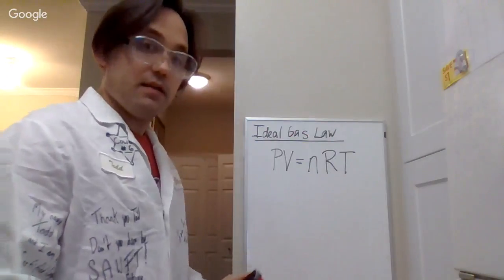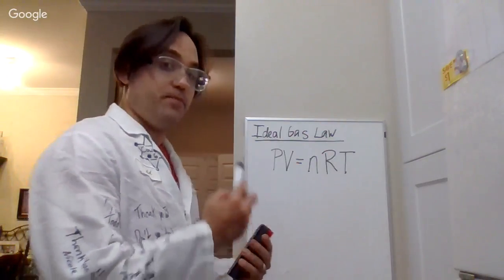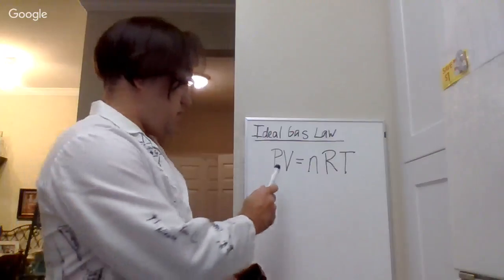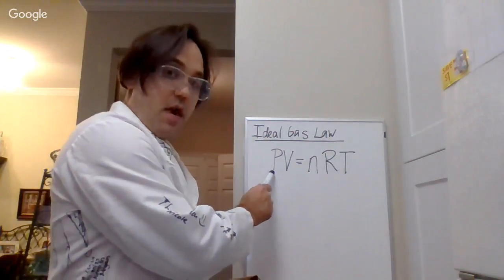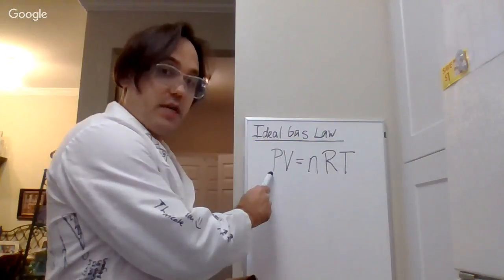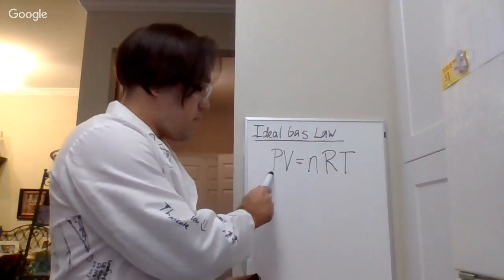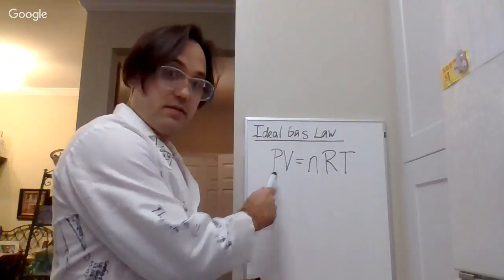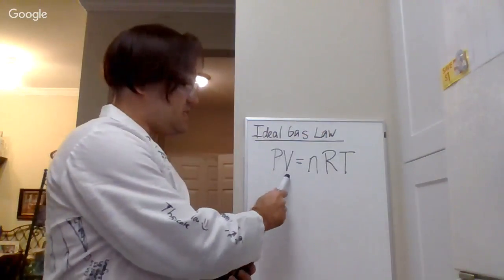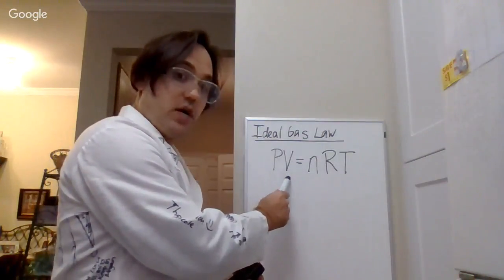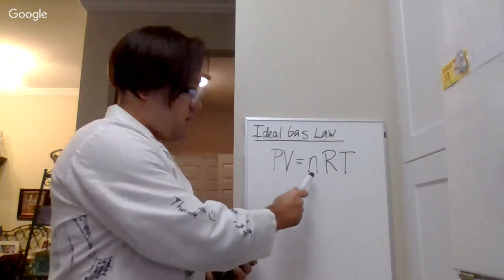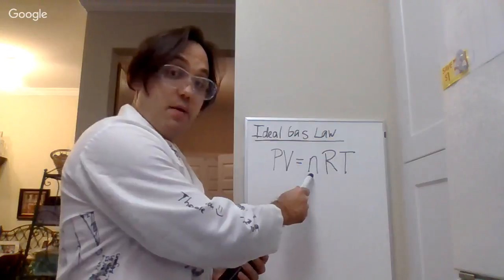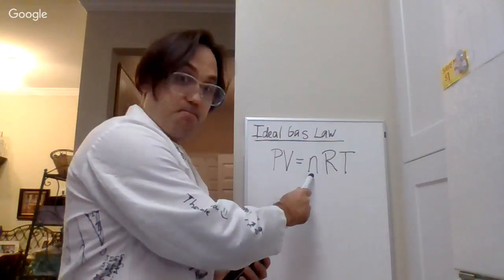So first, let's start with the variables. Over here, we have our variable, pressure, and pressure is measured in torr or pascals or kilopascals. Next, we have volume. Volume is measured usually in liters. N would be our number of moles.